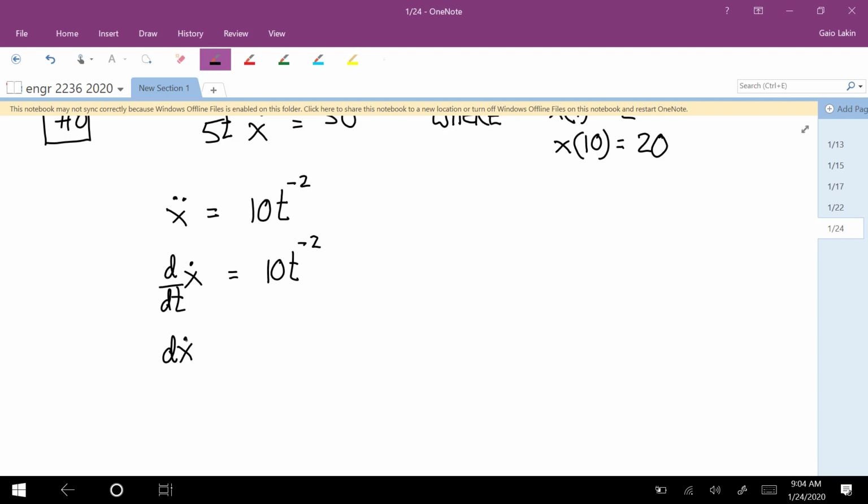You could also think of x dot as some new variable, z or something, okay? And then it would be dz dt, and you could use separation of variables and then substitute in for z. But to me, it just is easier to think of this dx dot as just an infinitesimal increment in the variable x dot.